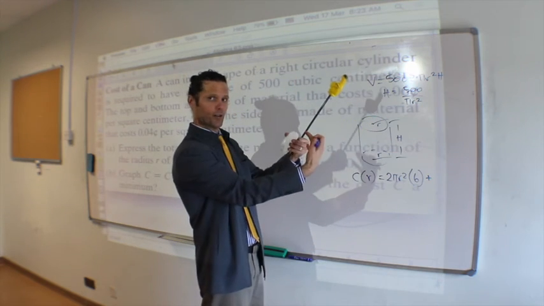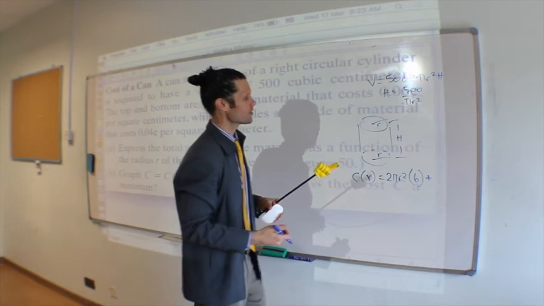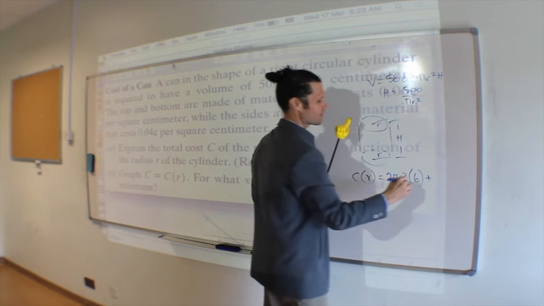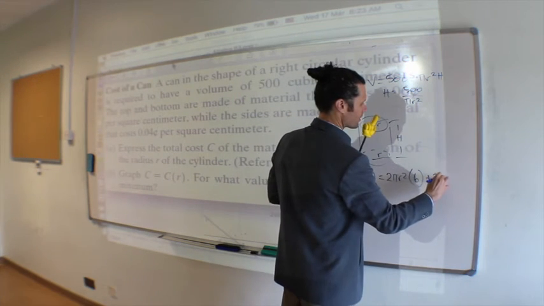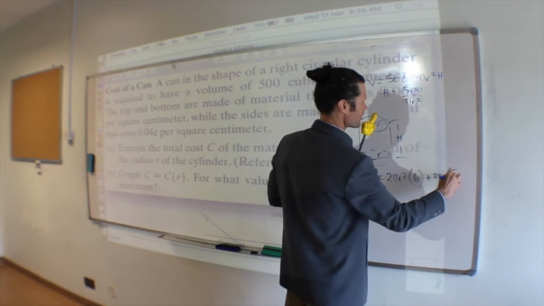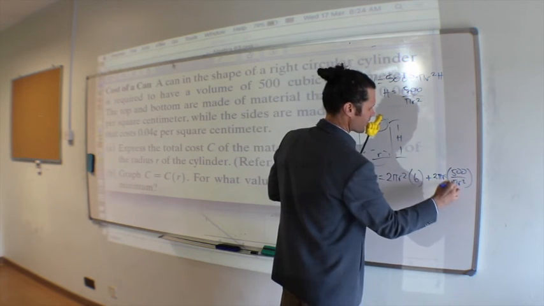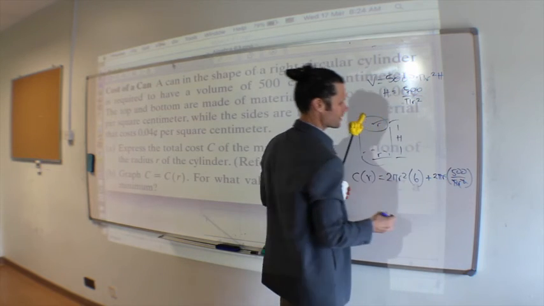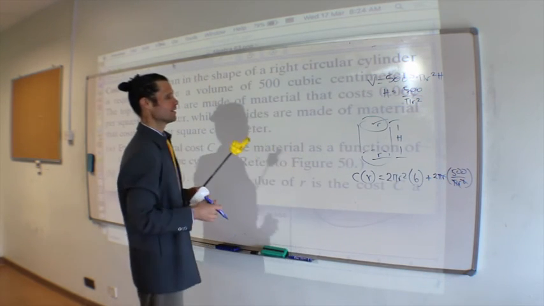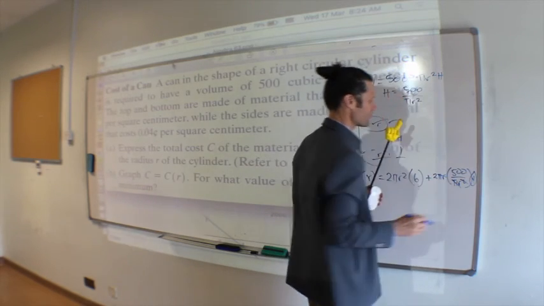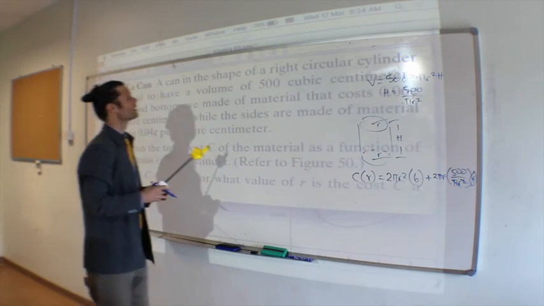If we roll that out, we can get sort of like a rectangle shape, which is the circumference of the top times the height. So we get 2 pi r h. Remember, h is 500 over pi r squared. We can get rid of the pi r here. There we get 2 times 500. And then we're going to multiply that times 4 cents per square centimeter.